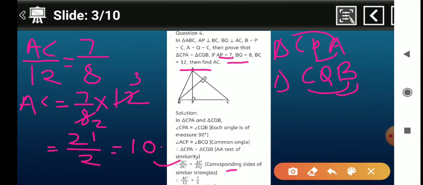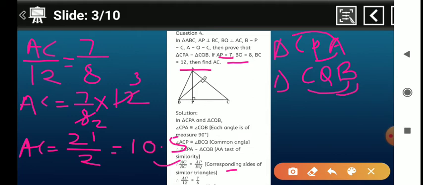Then the decimal point, and 10. So 2 fives are 10. So AC is equal to 10.5. Okay. So this is the answer of the second part of this question. Find AC. So AC is equal to 10.5 units.